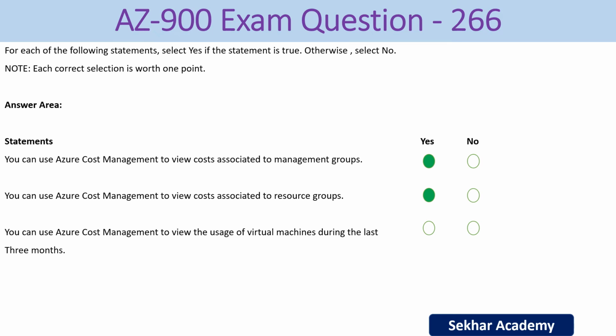That is a great feature in Azure Cost Management. And the next statement: you can use Azure Cost Management to view the usage of virtual machines during the last 3 months. The right option is yes. You can monitor and view the usage of virtual machines for the last 3 months. That's what you can do with the Azure Cost Management service in Azure.